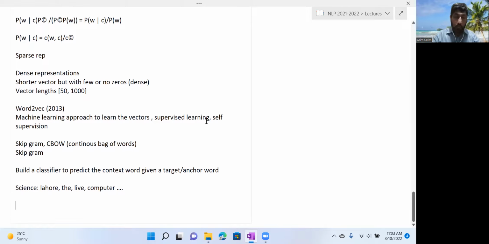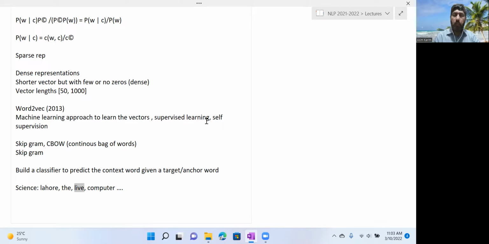So of course, in the example above, if you input science, and let's say you have a huge corpus of documents, just intuitively, which word is going to come frequently? What is the probability of the given science? I mean, just by intuition, of course, this might be relatively high. Lahore would also be high, right?